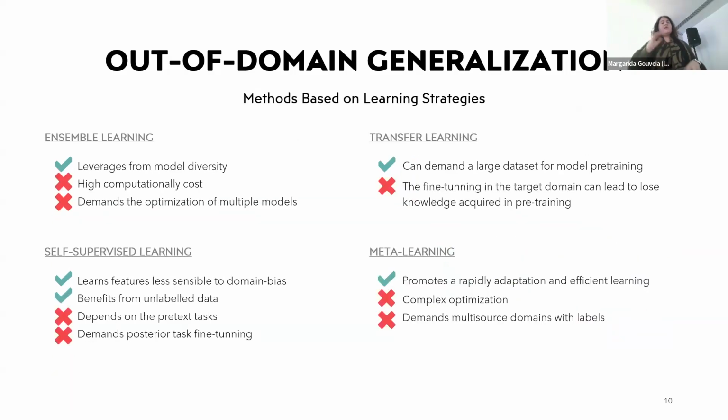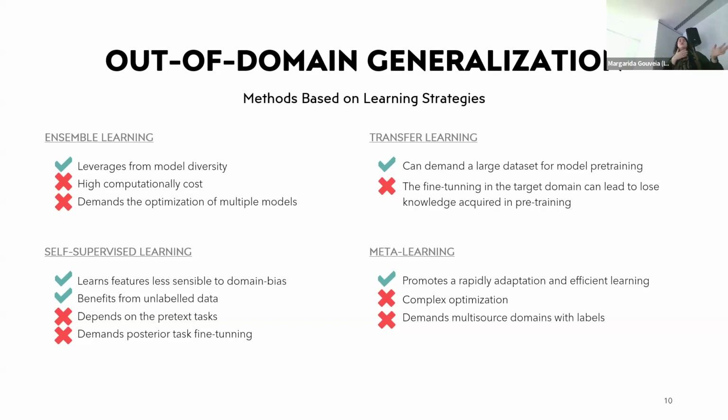There are also different types of methods that I didn't explore much in my literature analysis, but of course you can use ensemble learning, combining different models to have a better model. In the end, if the model is better, it probably generalizes better. Of course, you can use self-supervised learning for pre-training models, taking advantage of large amounts of data that are not annotated.